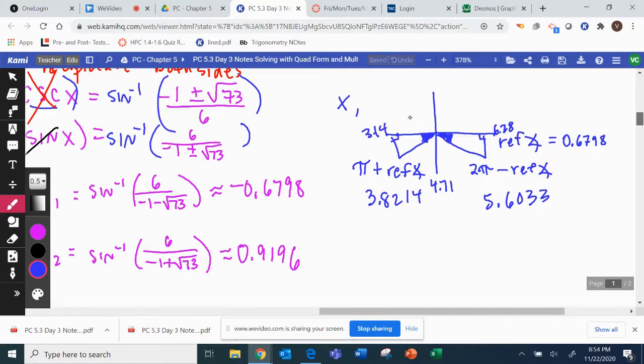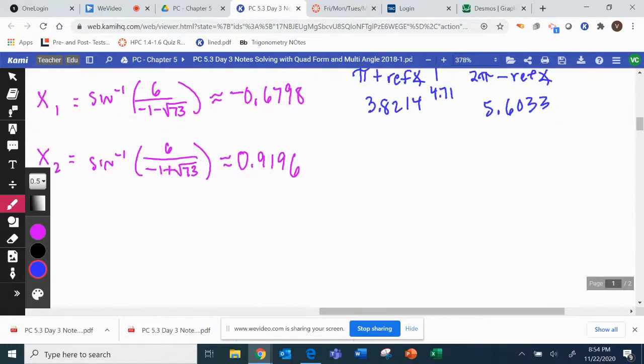All right, so then we've got x2, and that's a positive. So that'll be right up here. And at 0.9196 is also the reference angle.